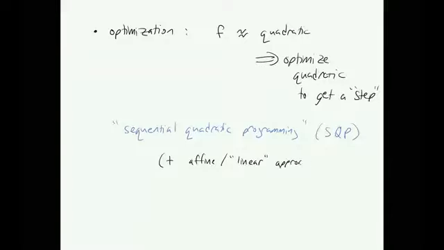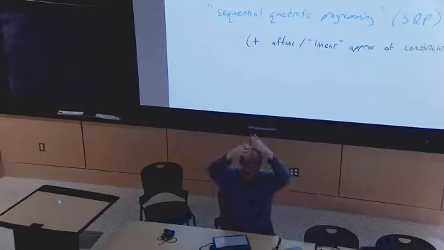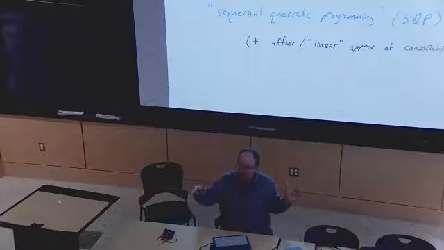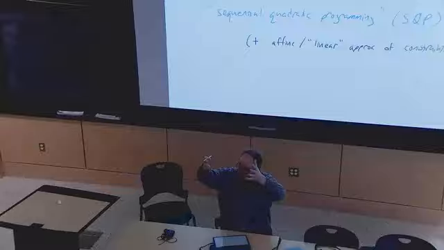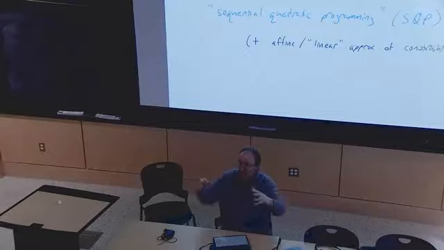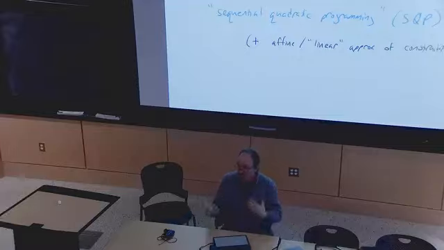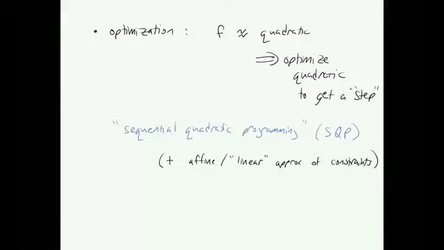So if you're minimizing an arbitrary nonlinear function with respect to arbitrary nonlinear constraints, that's hard. But if you approximate the function by a quadratic function using its second derivative, and approximate the constraints by linear ones, that's called a QP or quadratic program, and there are good methods to solve those kinds of things, right?